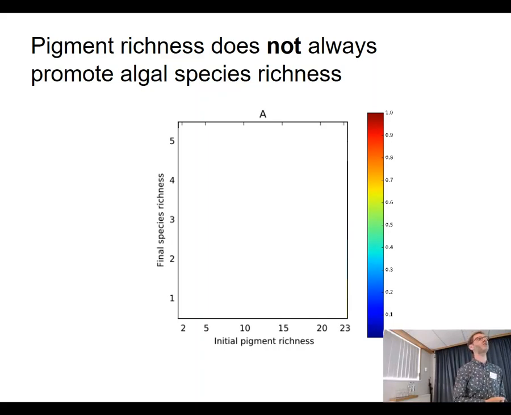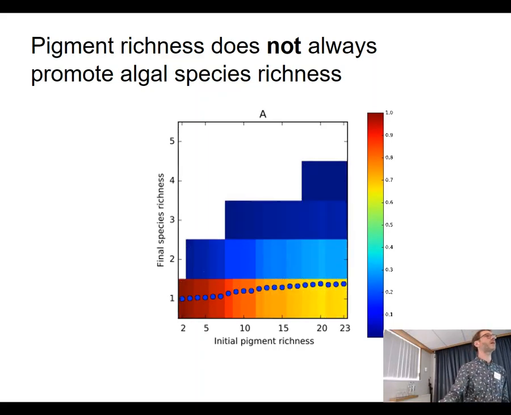And so what we got was, on the x-axis here, the initial pigment richness, on the y-axis, the final species richness. And what we found was that the most likely case, which are the most red colors, and let's say up until yellow, is basically that you only have one species existing despite putting more than 20 pigments in a community.